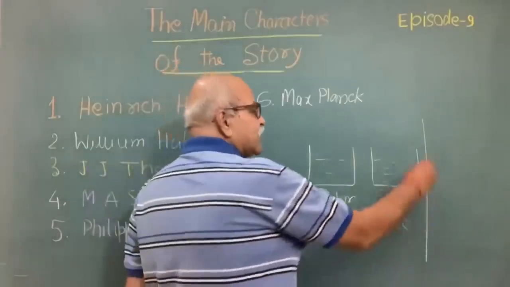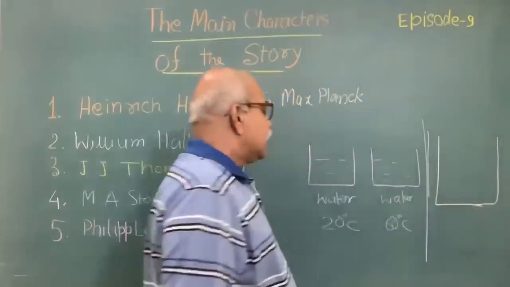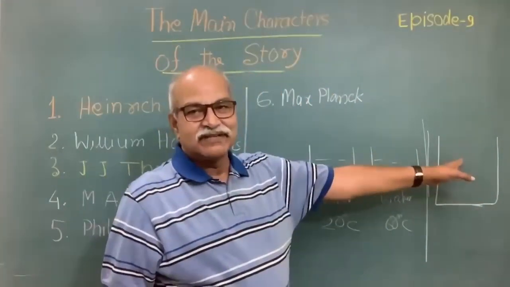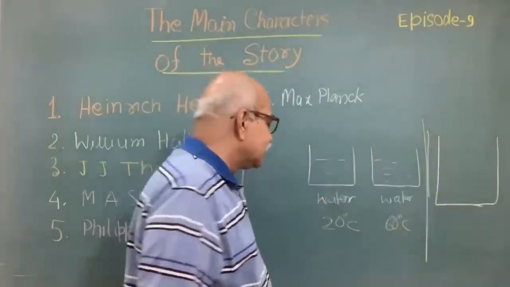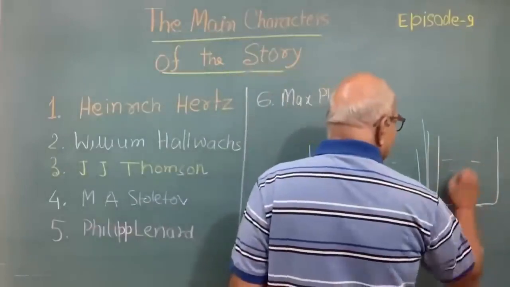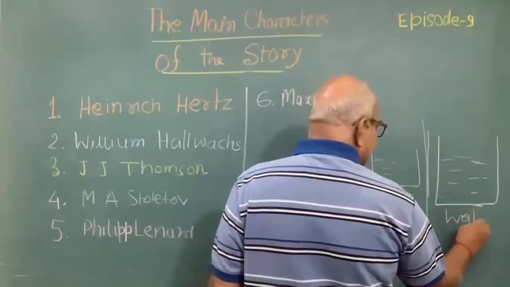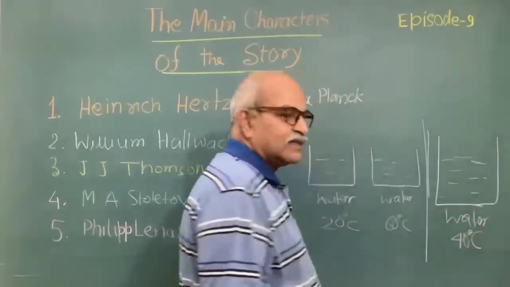What do we do? We take a bigger container and just put all this water into it and leave it. So we pour this water and then we pour this water and then we leave it. So we have a larger amount of water, the entire water here, and that will be at some temperature, the amount it's saying, it will be 40 degrees Celsius.